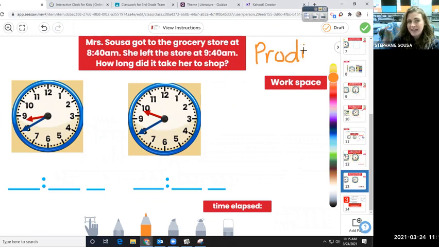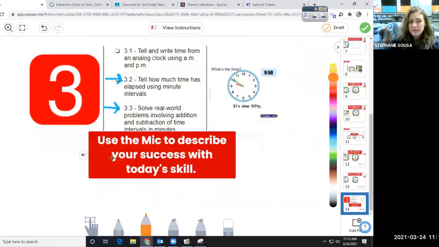I have assigned you some elapsed time problems, and it is going to show me how you're doing. So I am collecting a report from your Prodigy today. Okay? So if you do not log into Prodigy, you did not complete your task for the day. Okay? As always, on your success criteria, use the microphone to describe your success with today's skill. All righty.